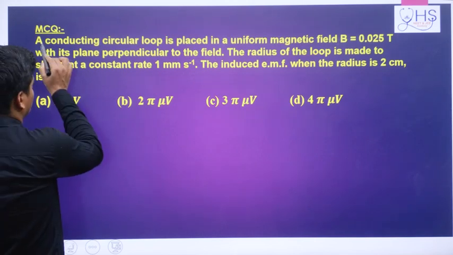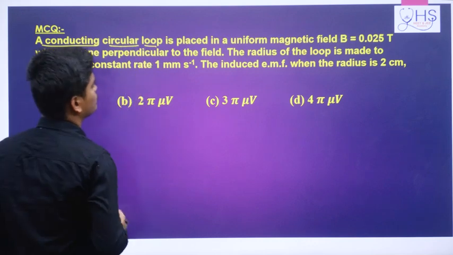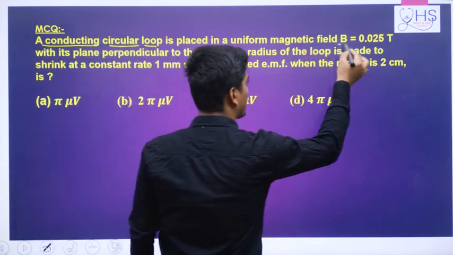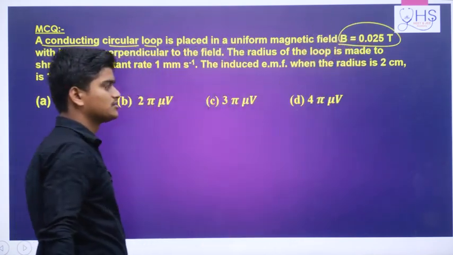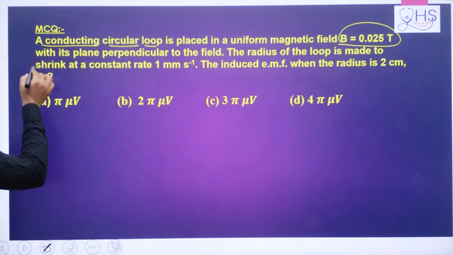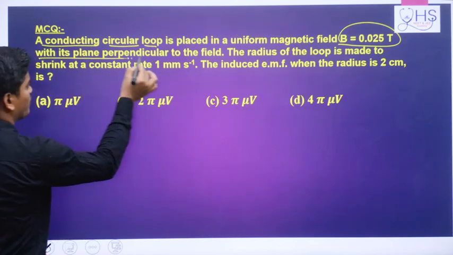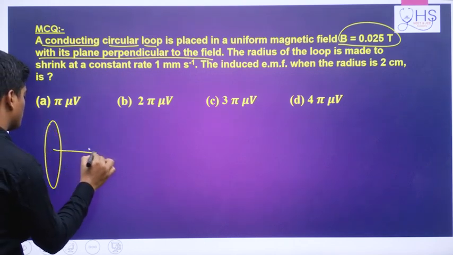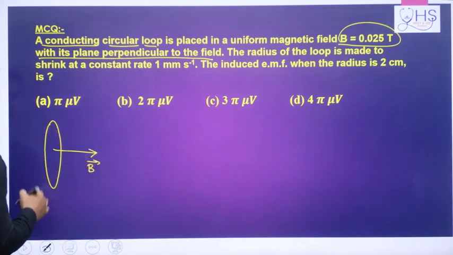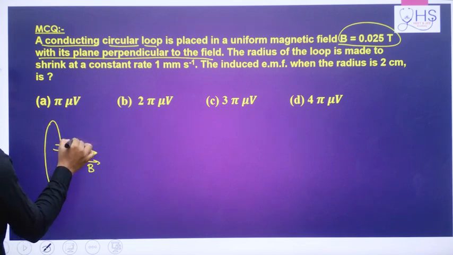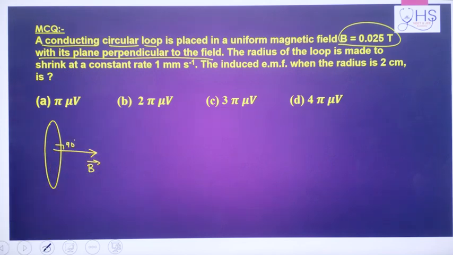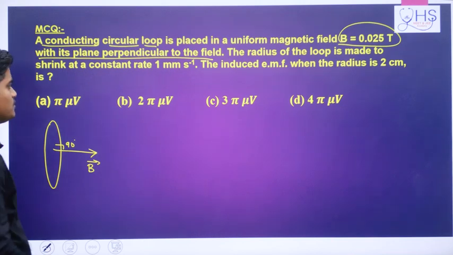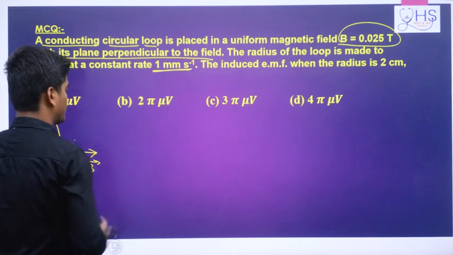The next question is: a conducting circular loop is placed in a uniform magnetic field with its plane perpendicular to the field. So same condition, a circular loop, and this is the magnetic field. The radius of the loop is made to shrink at a constant rate of 1 millimeter per second.